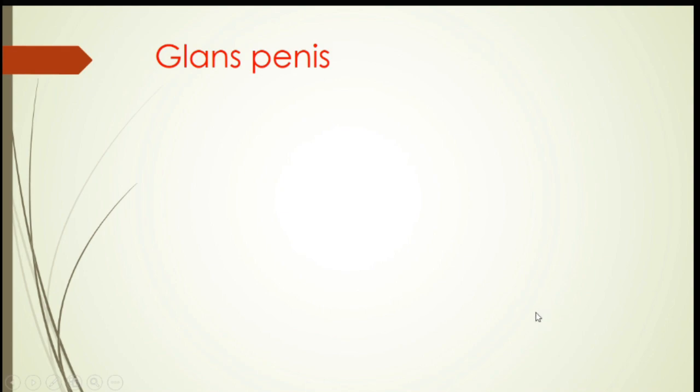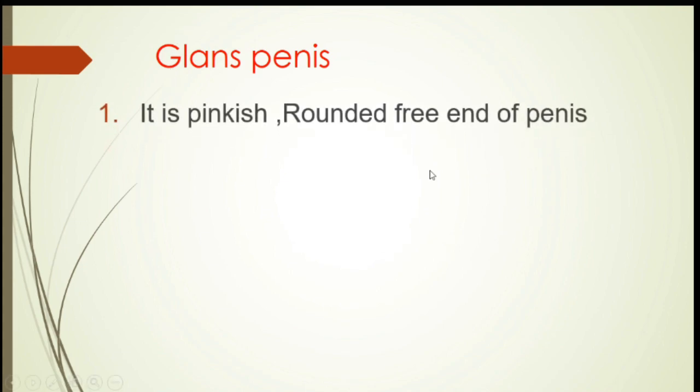Now in the next part we are going to talk about the glans penis. Already we have seen in the figure the glans penis, it is the rounded free end of the penis, and the penis is attached to the general body surface by the root. It is pinkish colored. The glans penis is also called the head of the penis.